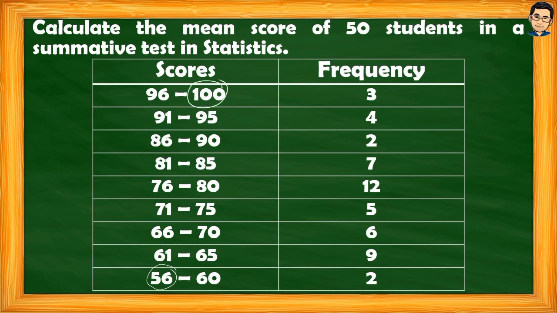For each class, meron tayong mga frequency. Like for example, for 96 to 100, there are 3 students who got a score from 96 to 100. Maaaring makakuha siya ng 96, 97, 98, 100, basta pasok po dun sa range na yan.